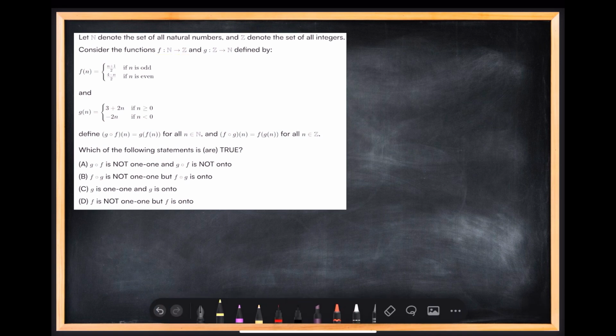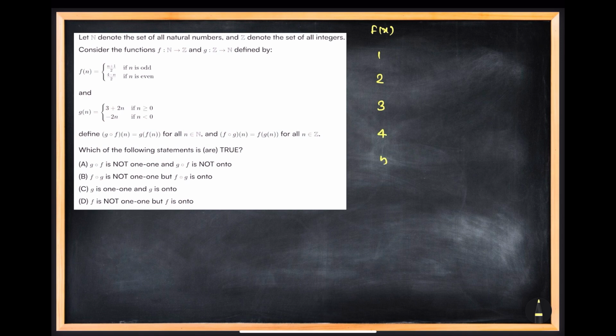So I'm talking about f of x. Suppose that we have function f of x. We have to talk about natural numbers. So look at this: 1, 2, 3, 4, 5, 6, 7, 8, and so on.